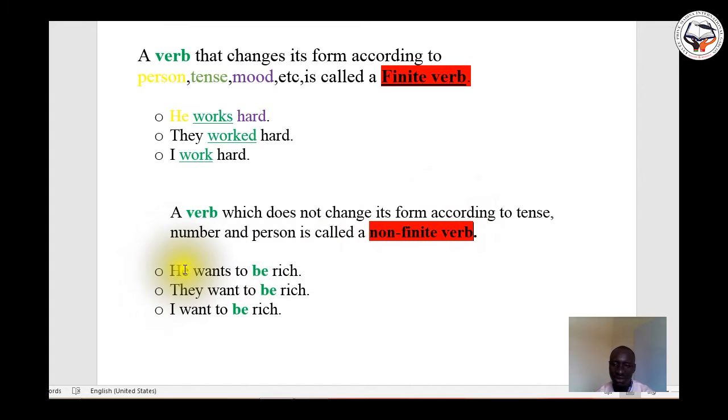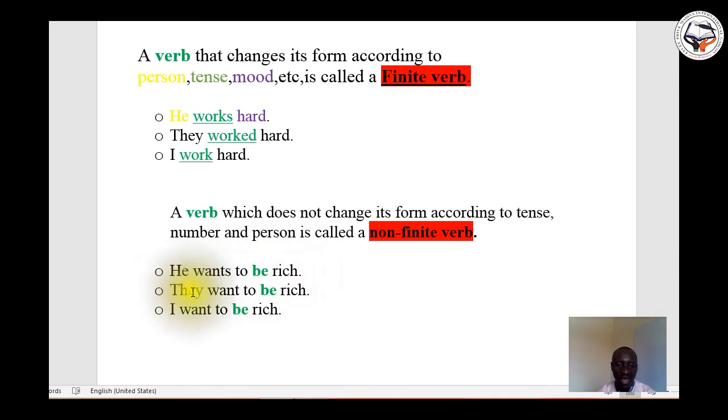Let us give an example. He is a person. Wants is a tense. To be: he wants to be. To be is non-finite. He wants to be rich.